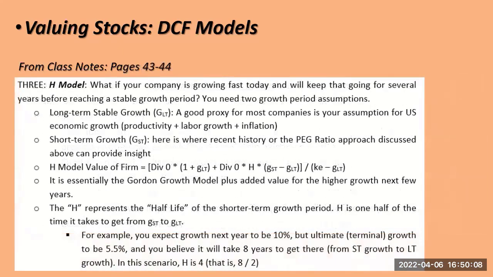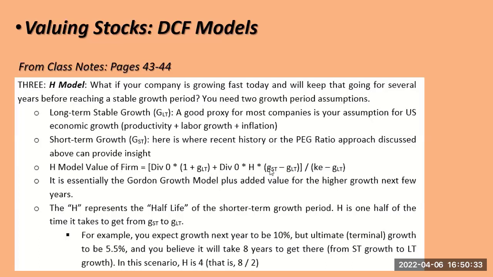And then the H model, my favorite. I really like the H model. The H model is the dividend discount model, but it adds on an extra growth period very easily. Another thing I like about it is it's so simple. This right here is the dividend discount model, and we add this section in between, and we have another growth period.